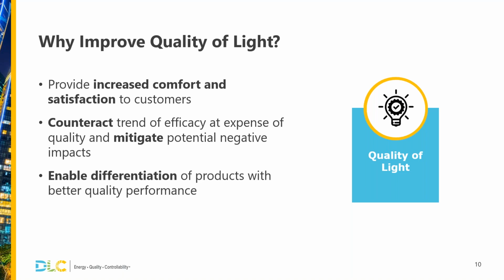And this is also an opportunity to avoid doing something that is not good for our customers. If we save them energy but negatively impact people and their businesses, we've really done a disservice. So finally, we want to equip users of the QPL with better information so that they can identify and differentiate products that have better quality of light performance.